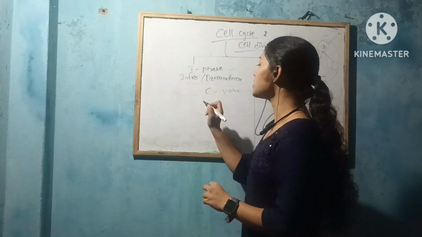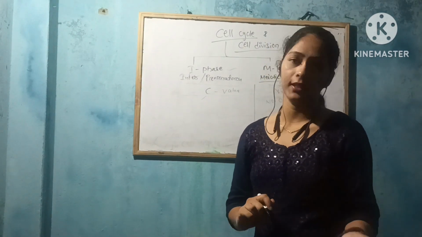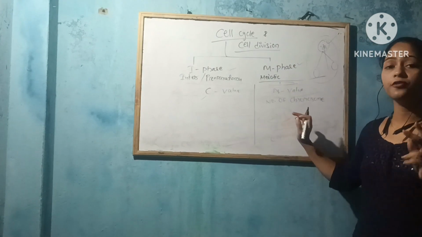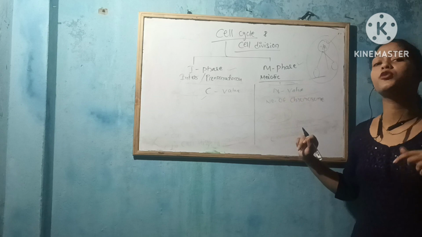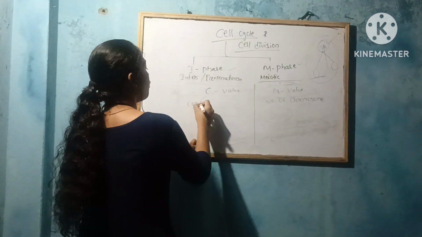C value stands for the total content of DNA inside the cell. So what is the difference between C value and N value? N value is the number of chromosomes, and C value is the content of DNA.